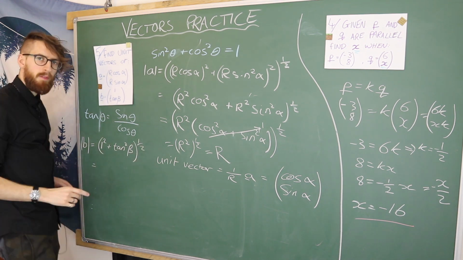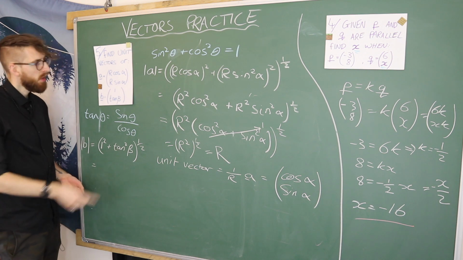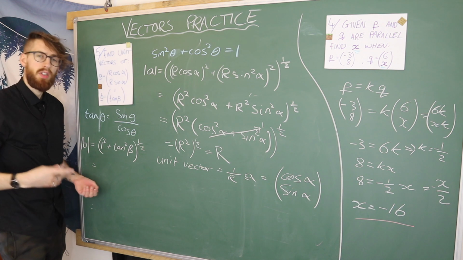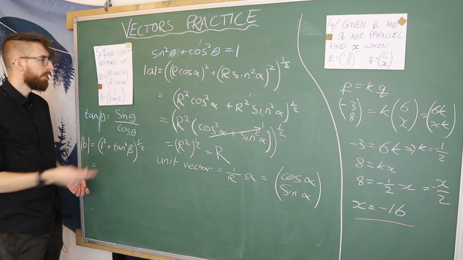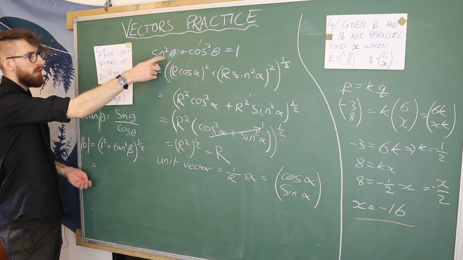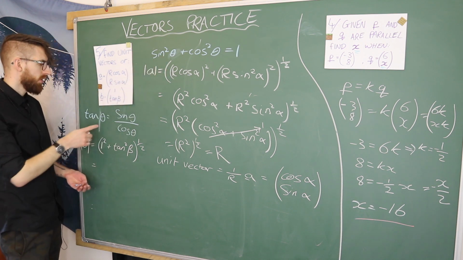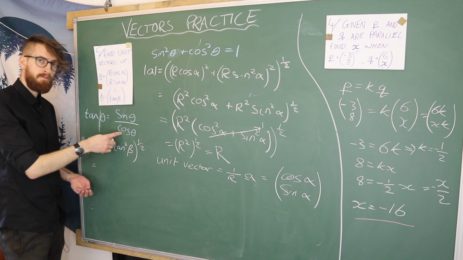Now this is the bit where you go, right, what do I do with that? We had to use an identity before to simplify it, so let's try that again. Now, this doesn't have any tans in it, but what we could do to force there to be a tan in it is divide it by cosine squared.